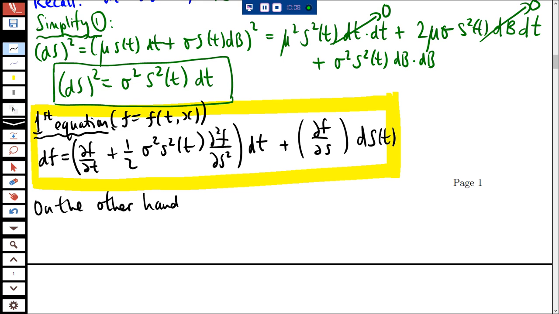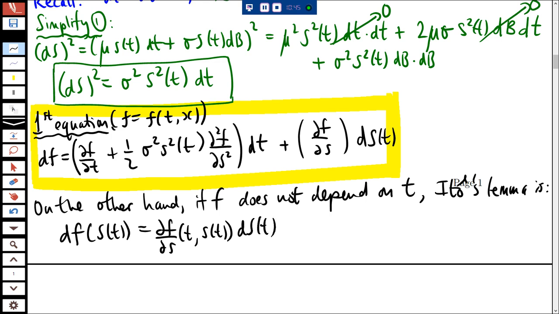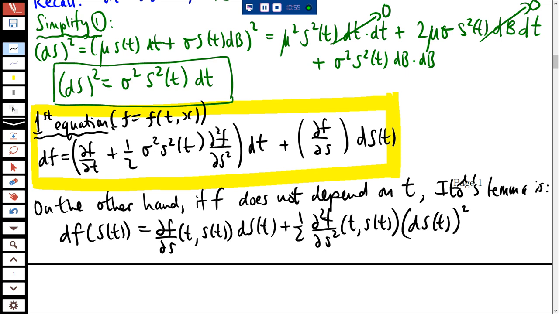On the other hand, if f does not depend on t, so only depends on the share price, then Ito's lemma becomes df, which depends on the share price only, is df ds plus 1/2 of d2f ds squared multiplied by ds all squared.